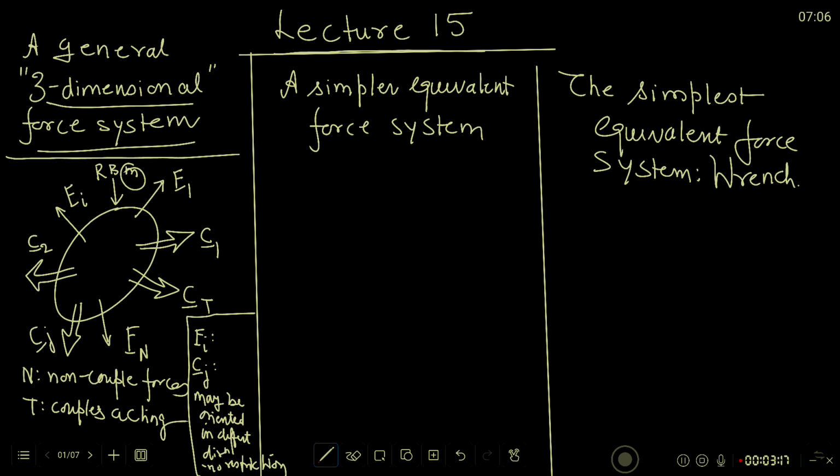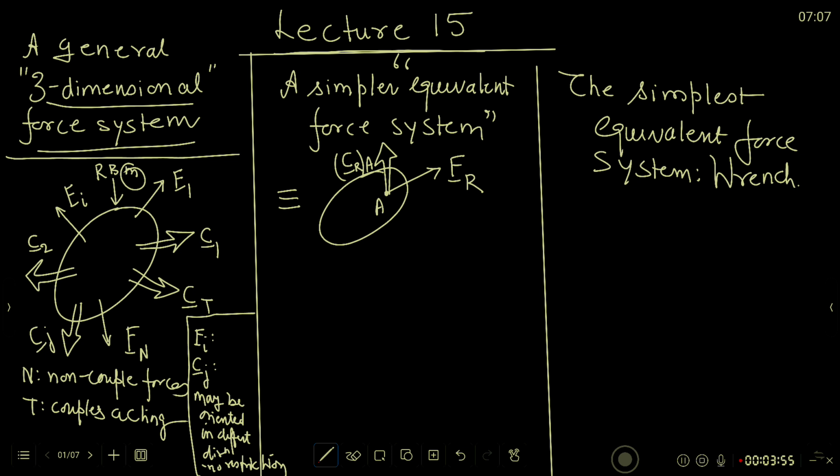Then I showed in the last class that based on the definition of what is called an equivalent force system, this complicated force system can be replaced by an equivalent force system with one single force Fr acting at a point of my choice. Say that point is A. One single force. However, in general, there will also be a torque acting, which I call CRA.